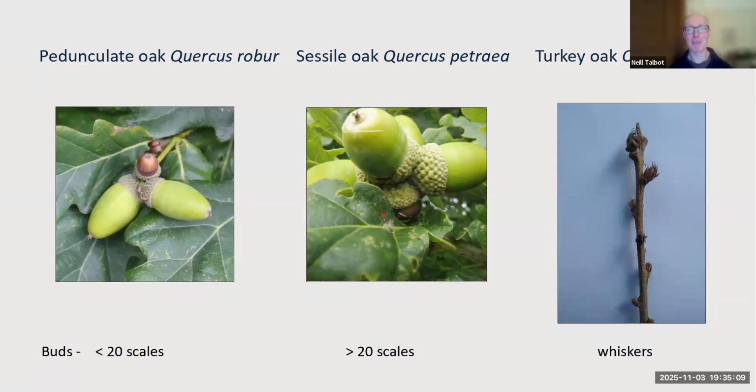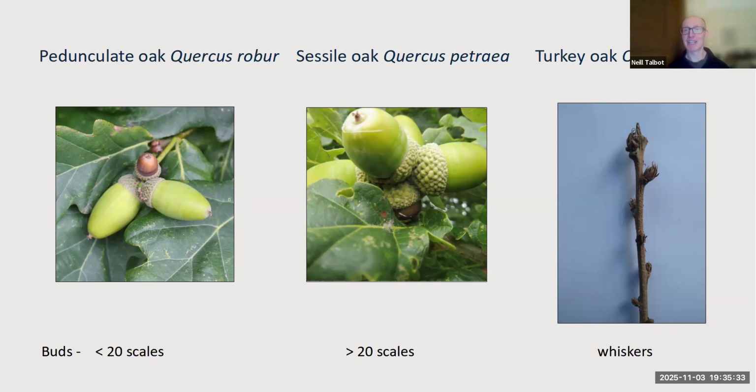Another thing is you can tell by the buds on the twigs. This is a bit tricky, but it can be done. If there's less than 20 scales on the buds, it's a pedunculate oak. If there's more than 20, it's a sessile oak.